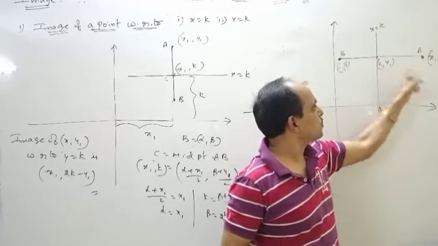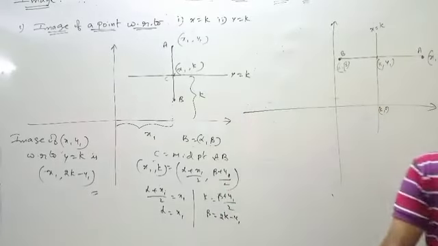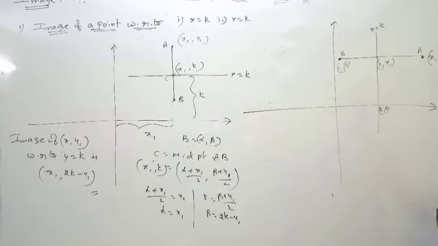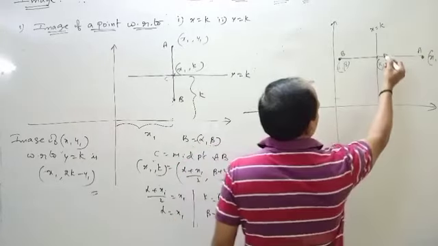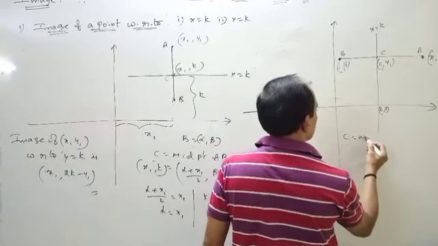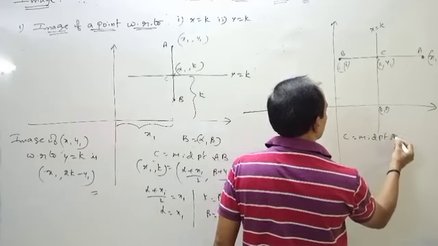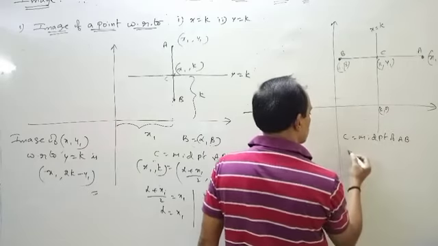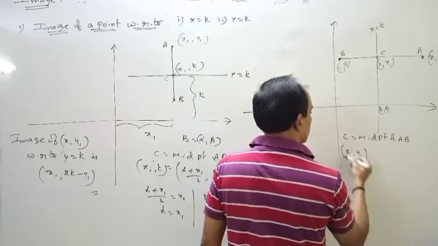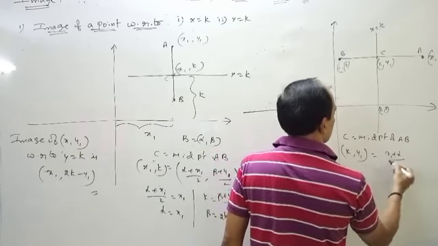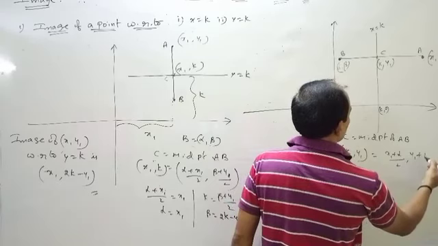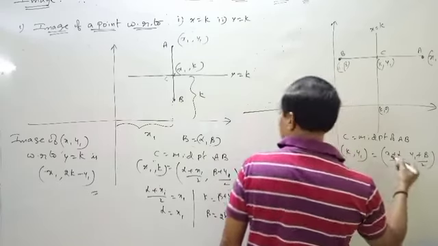On a horizontal line, the y coordinate is always equal. So let it be C. C is the midpoint of AB. What about C? k, y is equal to midpoint, that is (x1 plus alpha)/2, (y1 plus beta)/2.